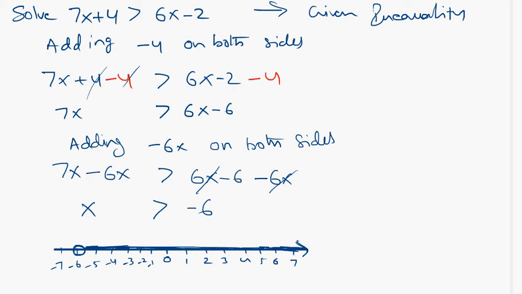It doesn't include -6. So the graph looks something like this.